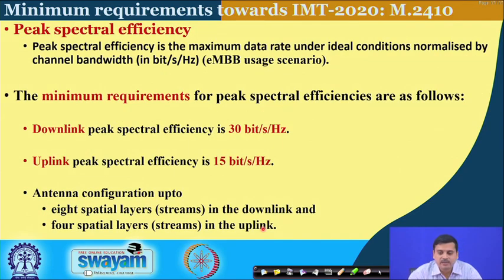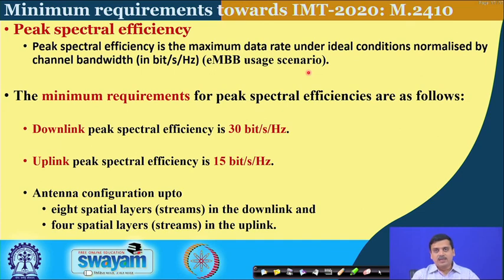Next, we look at the definition of peak spectral efficiency. That was one of the terms in the previous definition. Peak spectral efficiency is the maximum data rate under ideal conditions normalized by the channel bandwidth, and here it is the enhanced mobile broadband usage scenario for which it is getting defined.